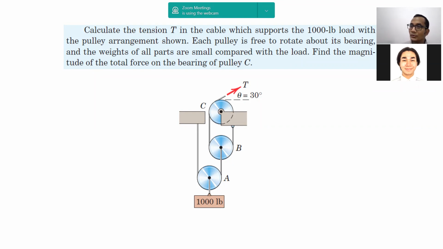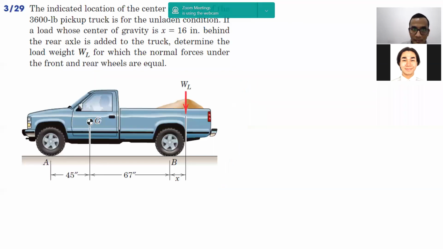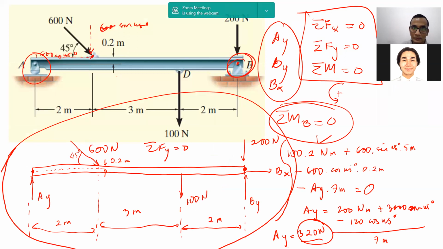You have to know how to isolate the free body diagram. For example, yesterday we discussed this, right? We isolate the beam from the rest of the system. That's why what we draw in the free body diagram is only the beam.